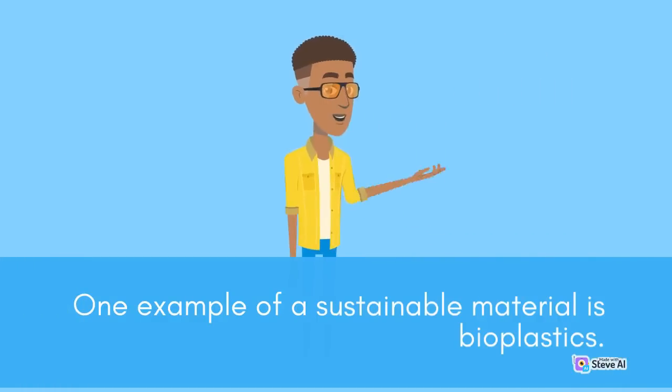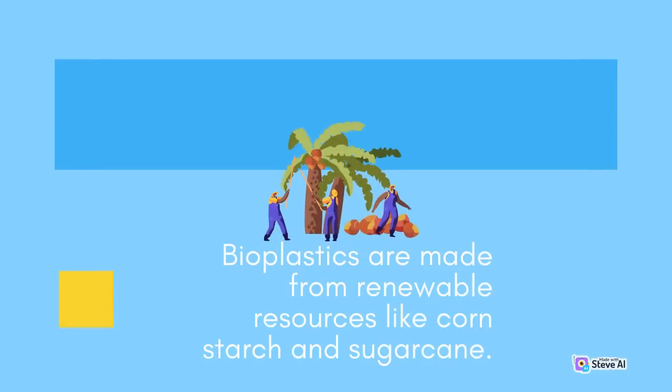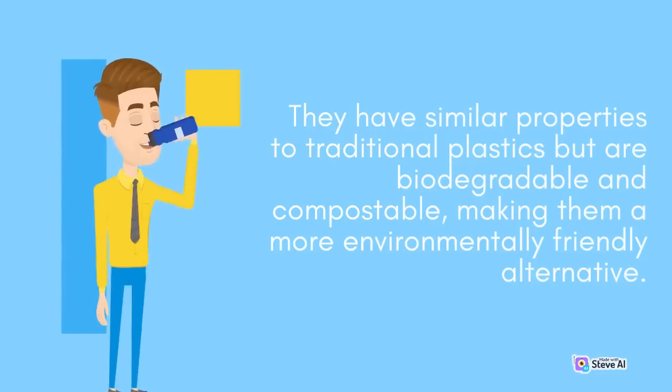One example of a sustainable material is bioplastics. Bioplastics are made from renewable resources like cornstarch and sugarcane. They have similar properties to traditional plastics but are biodegradable and compostable, making them a more environmentally friendly alternative.